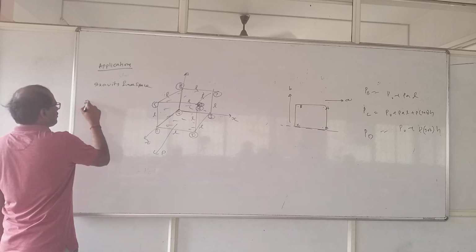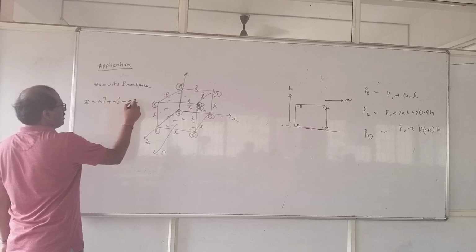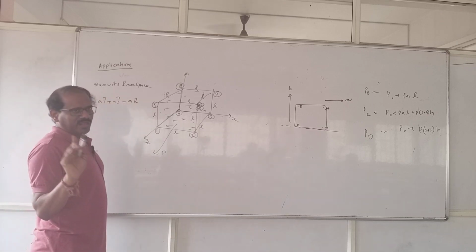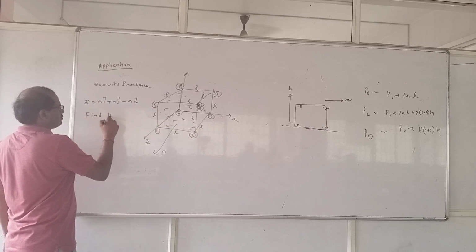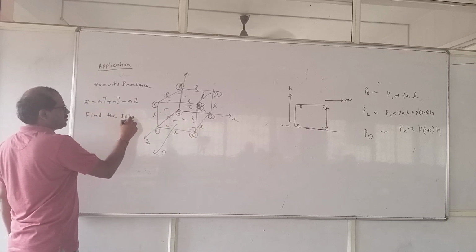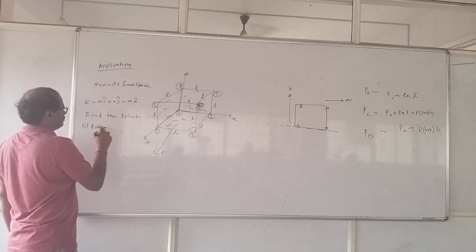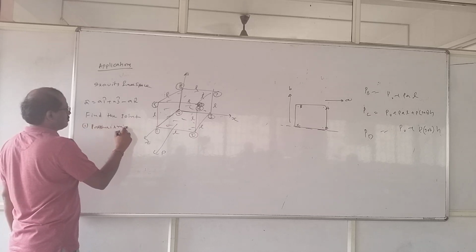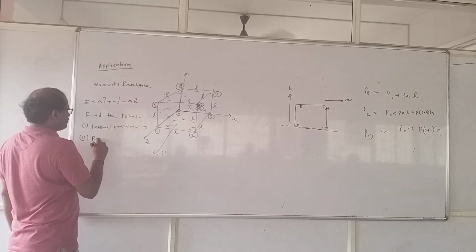And acceleration is given by a i cap plus a j cap minus a k cap. Very carefully analyze only theoretically and find the point where pressure is minimum and the point where pressure is maximum.